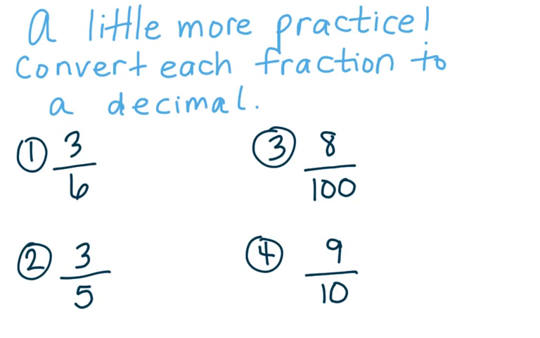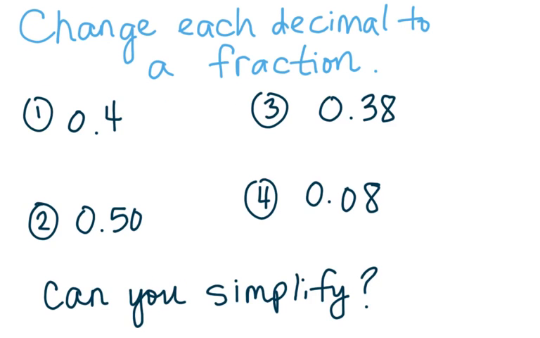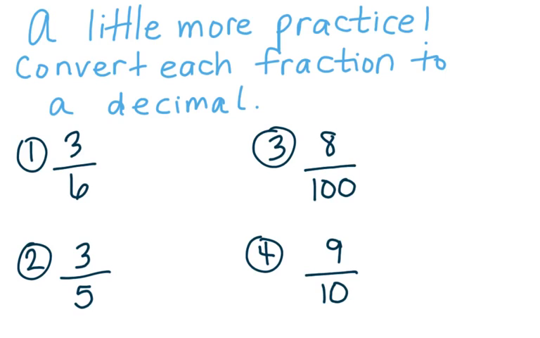And here we have just a little more practice, so go ahead and pause and write these down and solve, and then see if you get them right. Whoops. All right, I guess I need to show you the answers to these. So this written as a decimal is going to be 0.50.